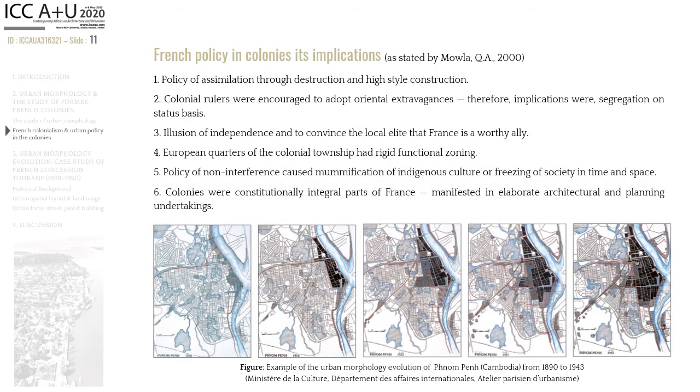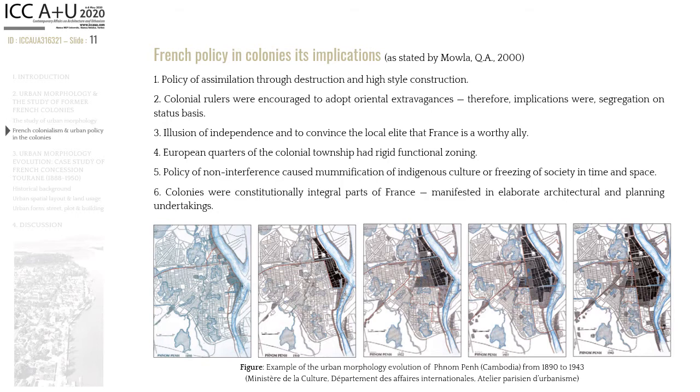The six characteristics of French policy in colonies and its implications can be referred from the study of Muller in 2000. 1. The policy of assimilation through destruction and high-side construction. 2. The segregation on status basis. 3.